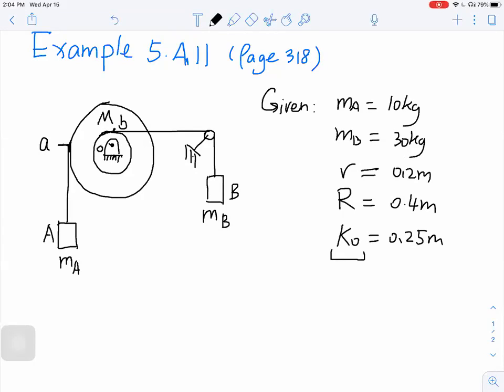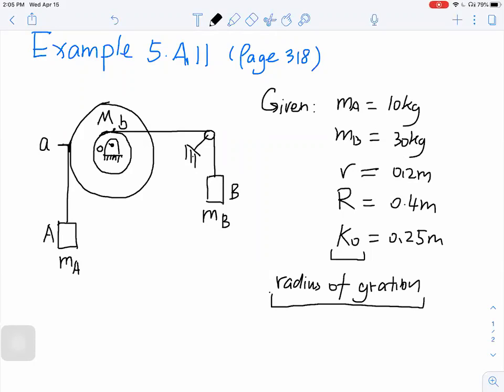One of your homework problems has this as well. This is called the radius of gyration, KO. What it means is it shows how mass is distributed at a certain location from the point about which the rotation occurs.